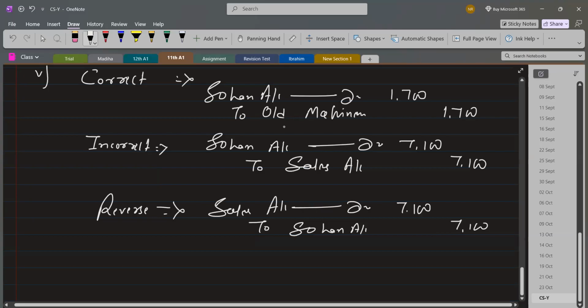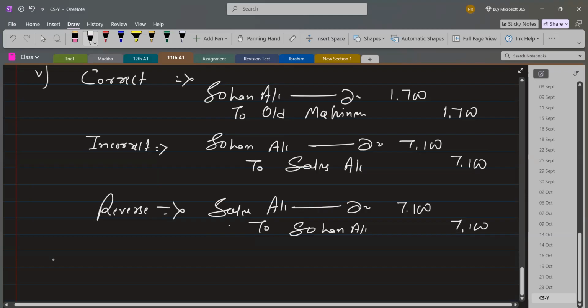So you were saying Sohan account debit to old machinery. Anything else? Sales is on the debit side. Then to old machine. Sohan account debit, sales account debit, to old machine. Okay, Abdullah, what is your answer?